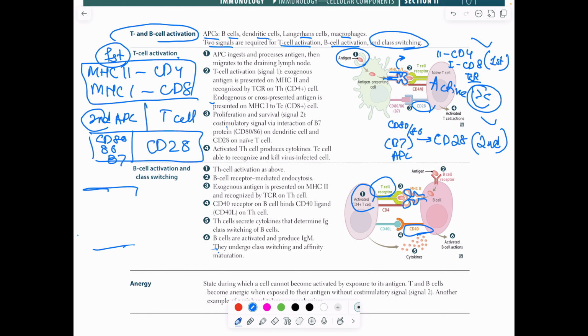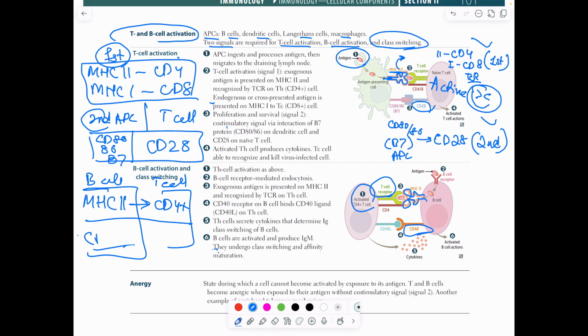Same here: I am drawing the B cell and here I am drawing the T cell. In the B cell there is already attached MHC class 2. That is going to interact with CD4 positive. And for the second signal, the B cell has the CD40 surface marker, which is going to attach with CD40 ligand. By this, the B cell will activate.